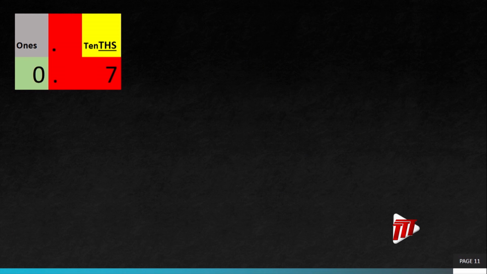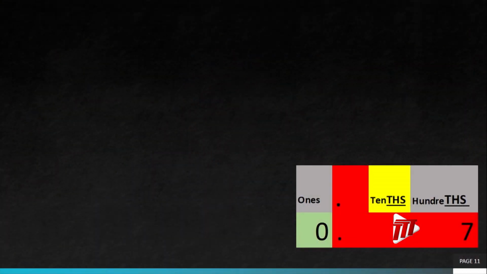The way to read this number, children, is by saying 7/10. Look at it and say that for me, please. This is not 0.7. This number is 7/10. Good. Now, when we are writing decimals, we always use the name of the smallest value. So look at the second number on your screen.